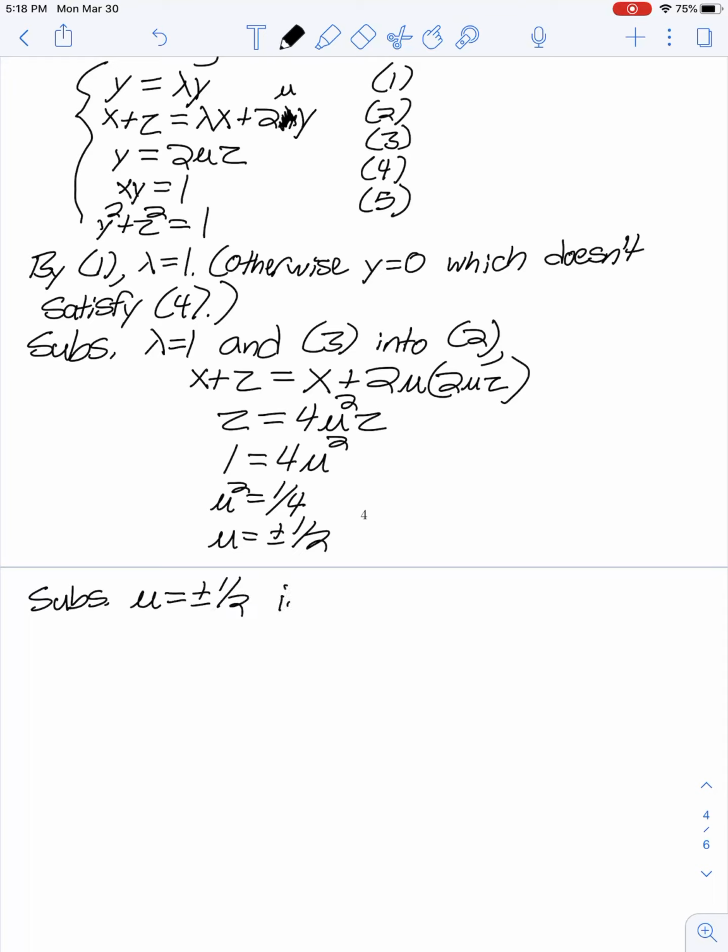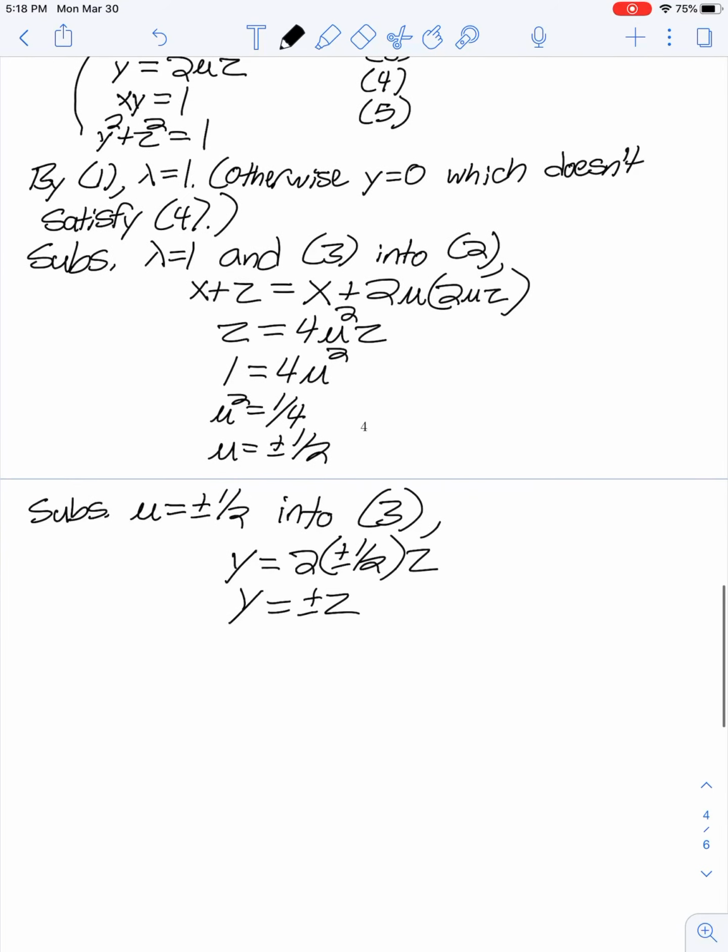Now, if we were to substitute mu equal to plus or minus 1/2 into our third equation, let's see what we have. Equation 3 says that y is equal to 2 times mu, which is plus or minus 1/2, times z. So y is equal to plus or minus z.